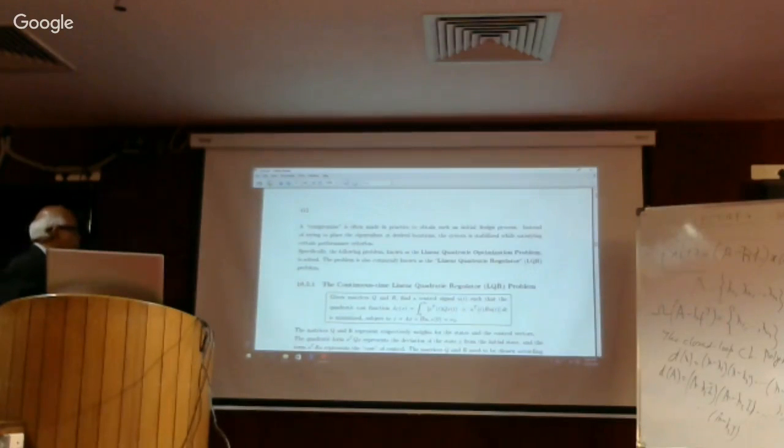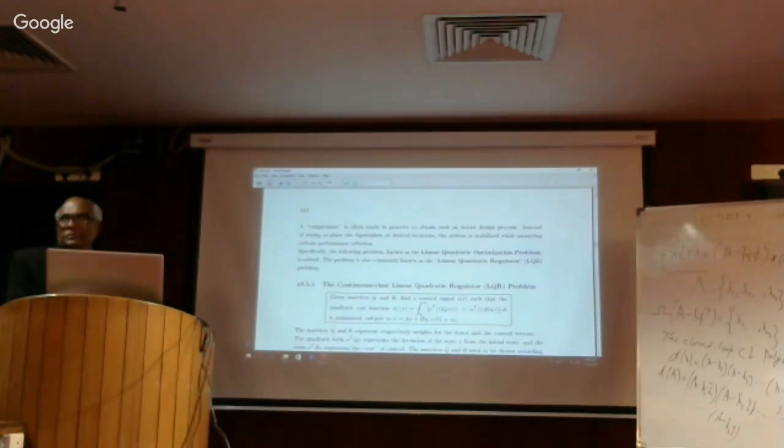If you look into that, Q is associated with the state and R is associated with the input. What it means physically is that x transpose Q x represents the deviation of the state x from the initial state.